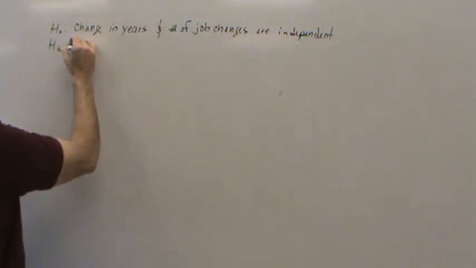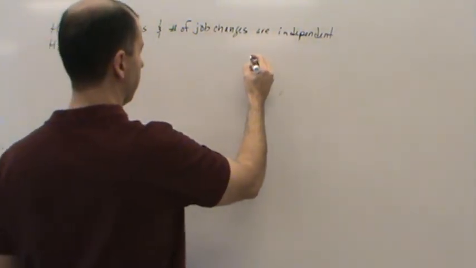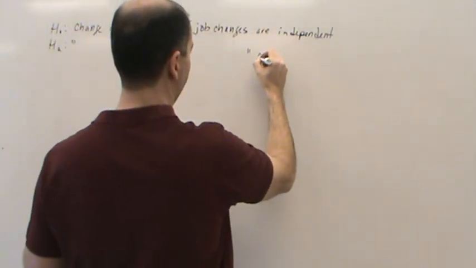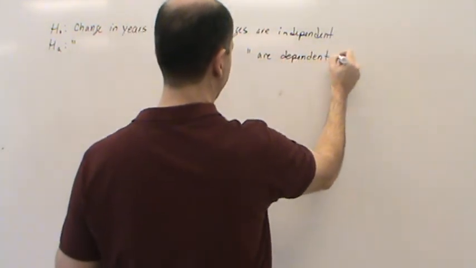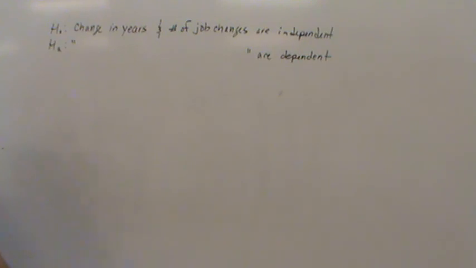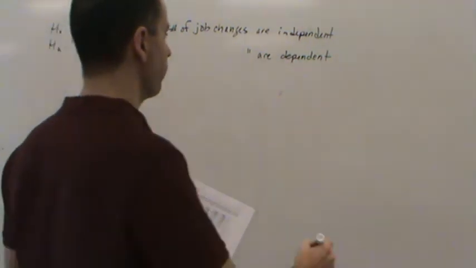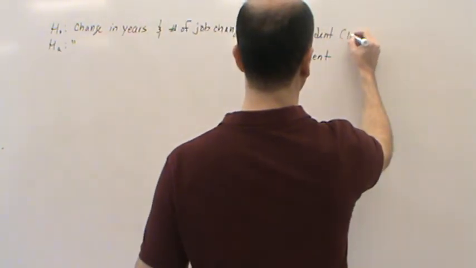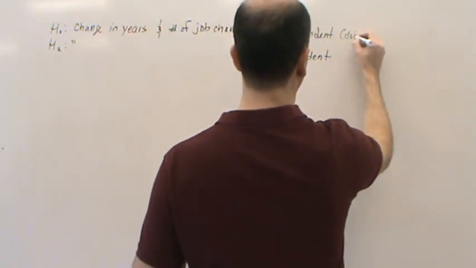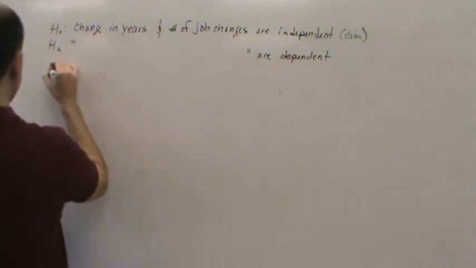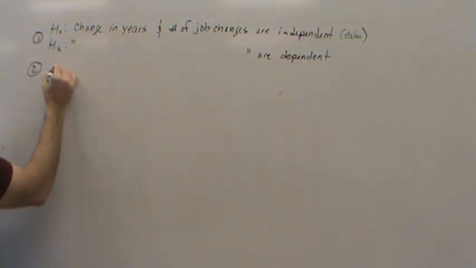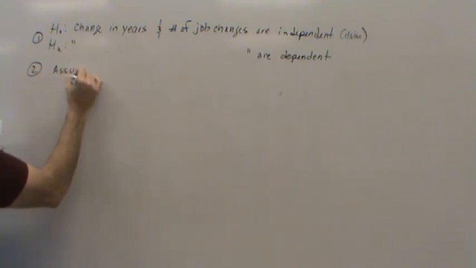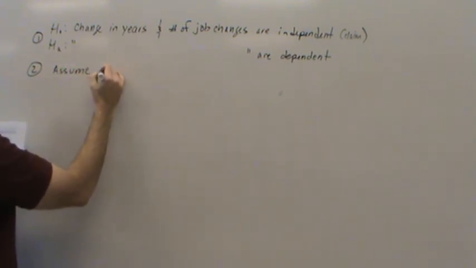Versus change in years and number of job changes are dependent. And we want to know if they are independent. So let's say this is the claim. Okay, so now, step 1 is done. Step 2 is we're going to assume, again, the null is true, we're going to assume that they're independent.